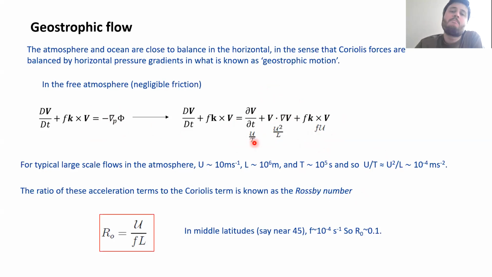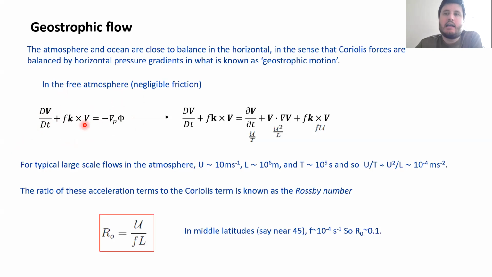This tells us that a good approximation would be to eliminate these terms and get a balance between the force due to the geopotential gradient and the Coriolis force.